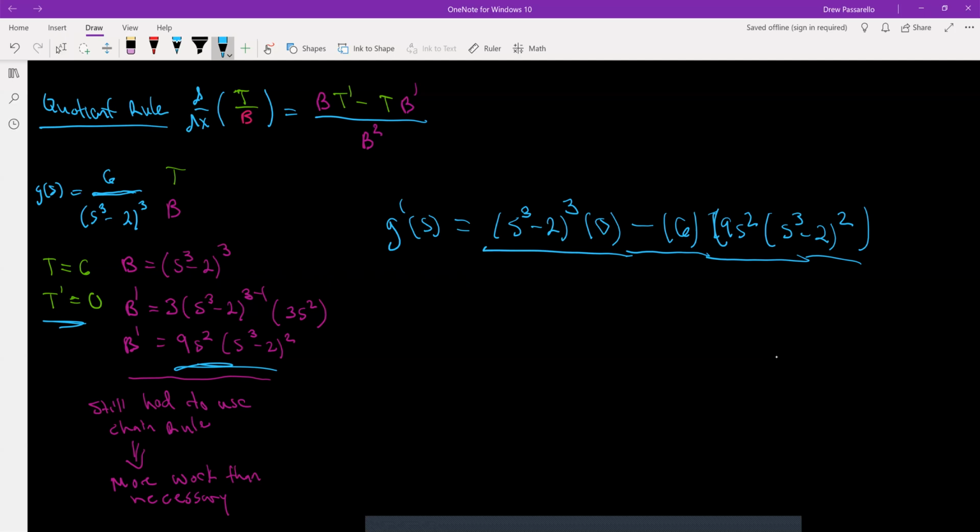All over the bottom function squared. The bottom function is this. And you'll see it'll give you the answer. It's just more work, right? So this is the bottom function times the top function's derivative, minus the top function times the bottom function's derivative, and then this is the bottom squared. And then you could do some algebra and get to the answer.